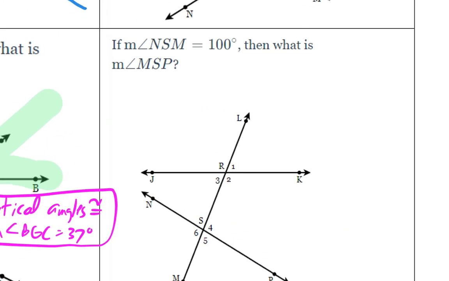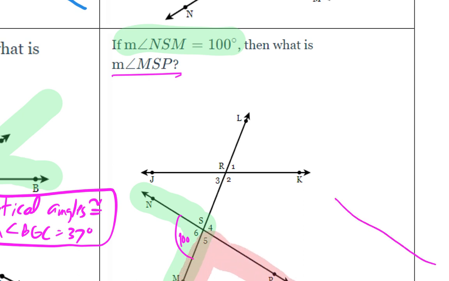All right, let's look at this last one. If the measure of NSM is 100, let's try that out. NSM, right? So that one right there, if this angle is 100 degrees, what is MSP? Let's trace that out with a different color. MSP. What do we notice about those? What I do notice is it looks like that, right? And so those add to 180.